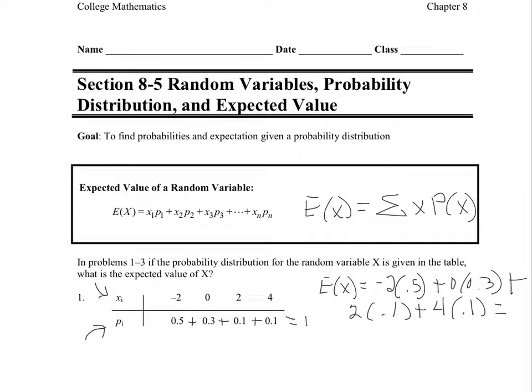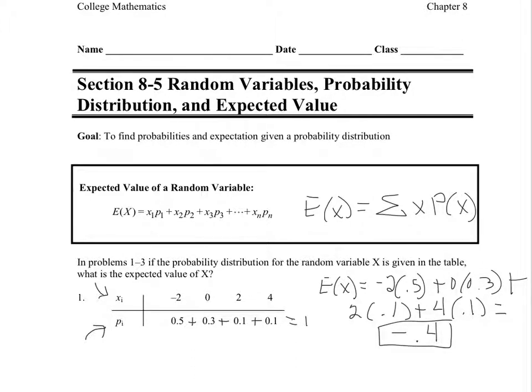Plus, the last event that can happen is you can get 4, and the probability of that is 0.1. So if you go to your calculator and you multiply -2 times 0.5, add to it 0, add to that 2 times 0.1, and add to that 4 times 0.1, I'm coming up with -0.4 for the expected value.